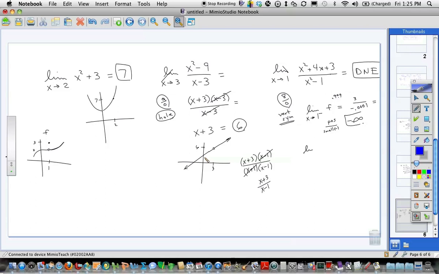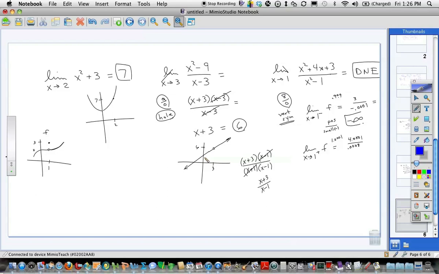And then I repeat that on the right. As x approaches 1 from the right, I put the plus sign there of f. So what's a number to the right? 1.0001. A number just a little bigger than 1. Well, 1.00001 plus 3 is like 4.0001. I don't care about 4. And 1.00001 minus 1 is a positive real small number.